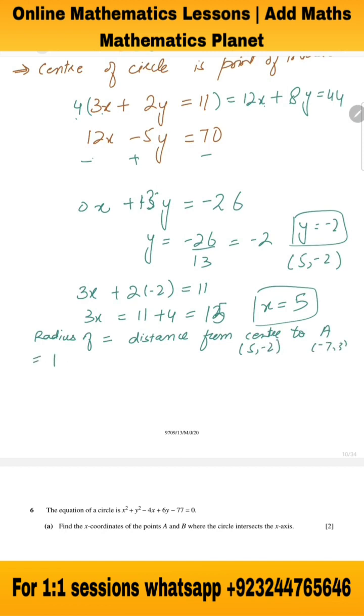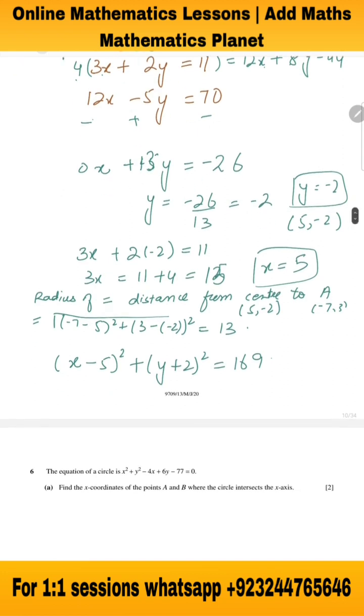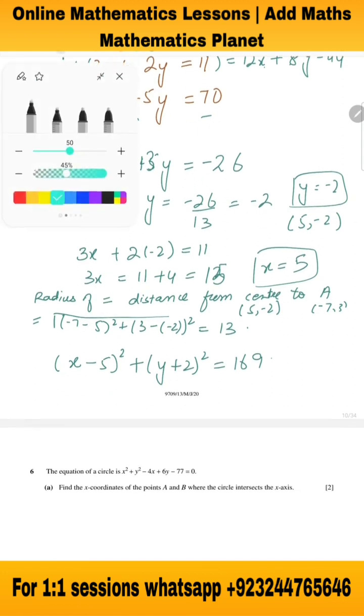So the radius would be equal to... so the equation of the circle is x... so this is how we get the equation of the circle.